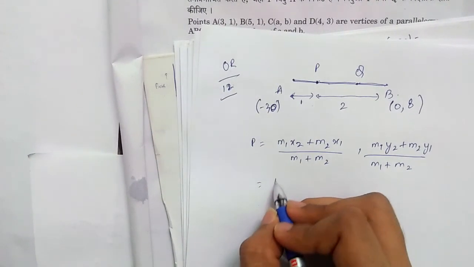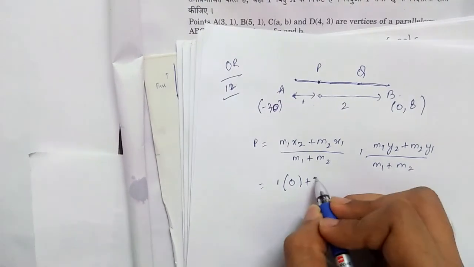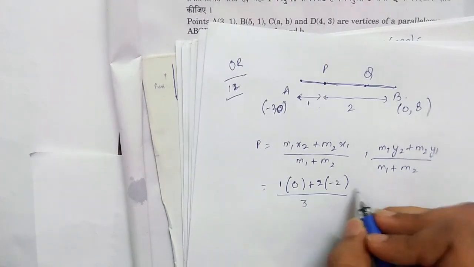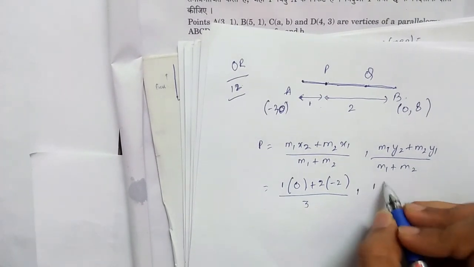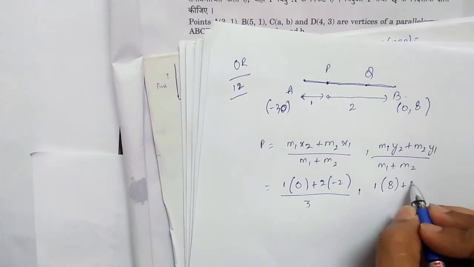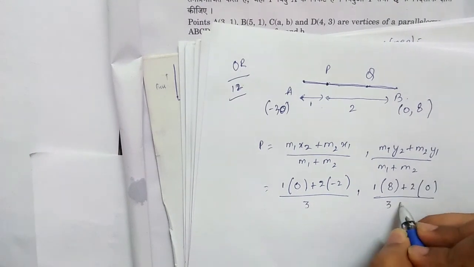So we have m1 as 1, x2 as 0, m2 as 2, x1 as -2, and m1 plus m2 as 3. Similarly, m1 is 1, y2 is 8, m2 is 2, y1 is 0, and m1 plus m2 is 3.